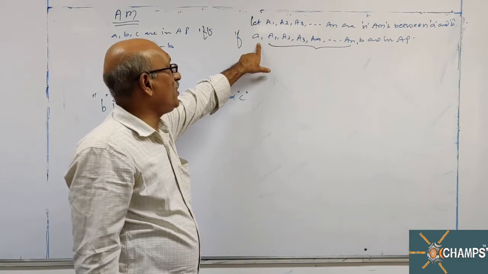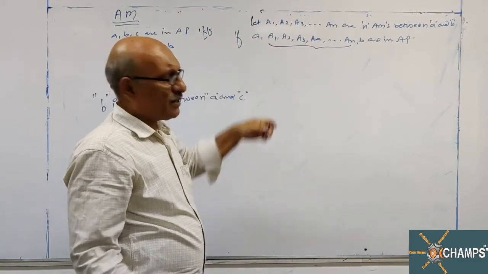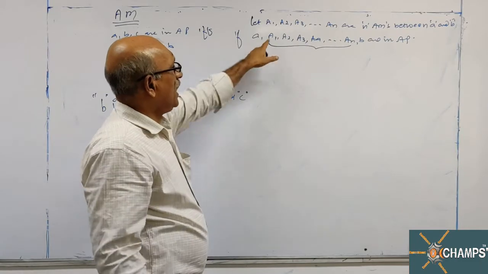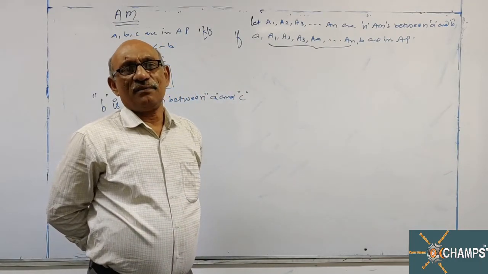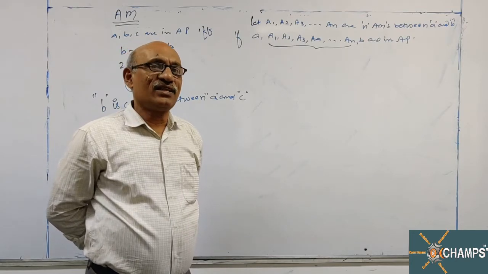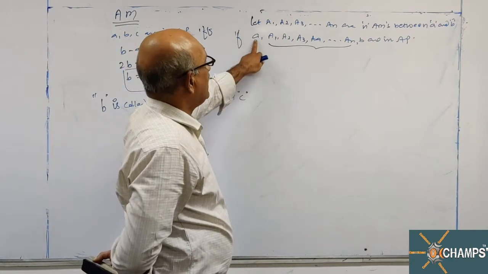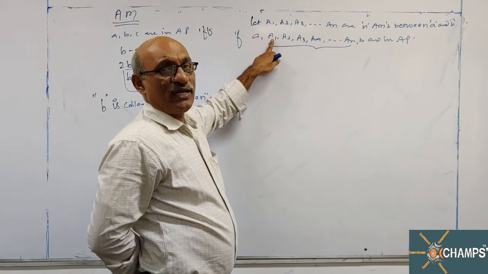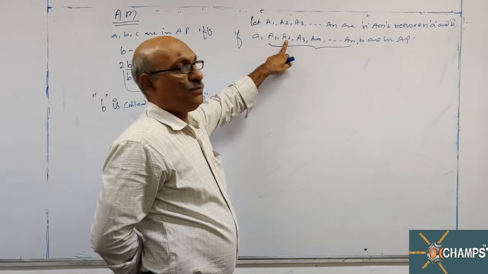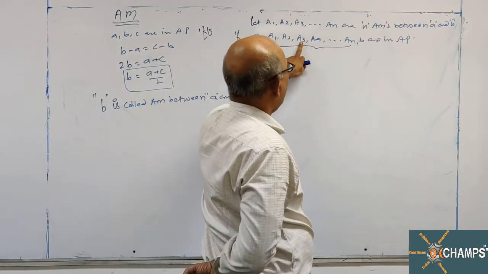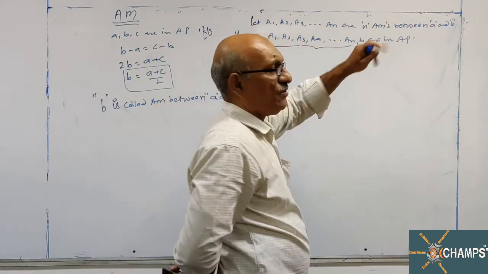A is the first term of the sequence, A1 is the second term. If I add the common difference to the first term, I will get the second term. Again adding common difference to A1, I will get A2. Again adding common difference to A2, I will get A3. This way it goes on.